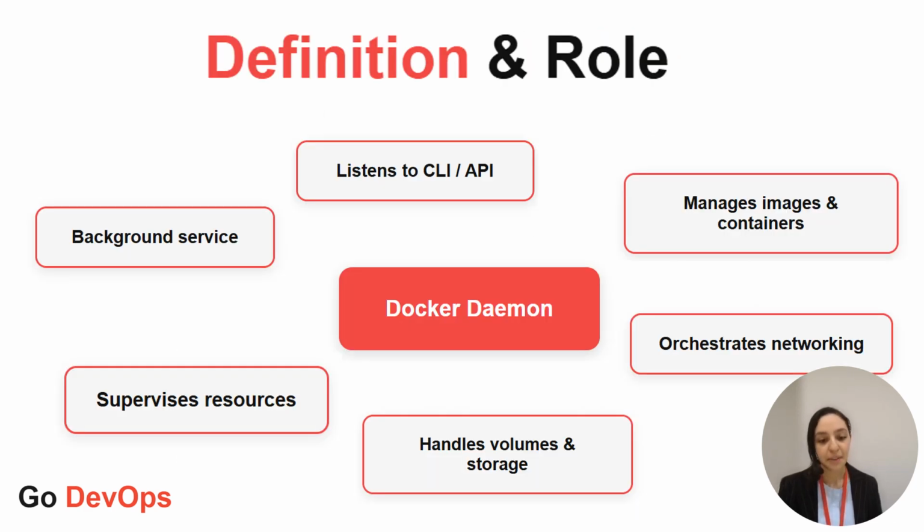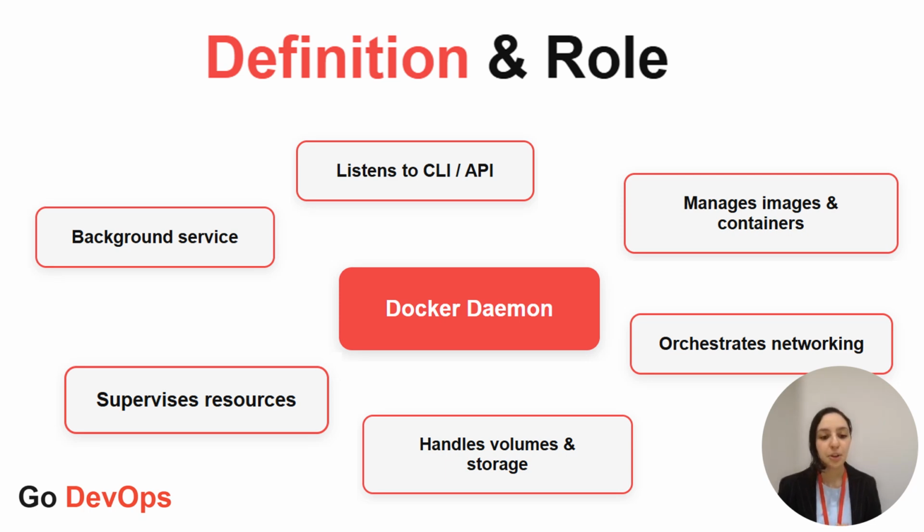So at the center of Docker, we actually have the daemon. It's the brain of the system, and it runs in the background as a service and listens for requests from the Docker command line interface and/or the Docker API.